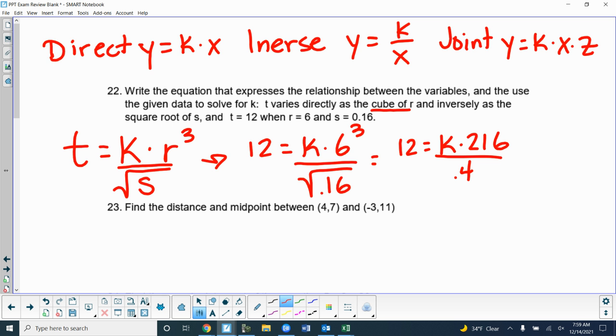Okay? So how do I move the 0.4? Multiply. All right? And when I multiply 0.4 times 12, I think it's 4.8. How do I move the 216? Divide, right? And that gives me what?